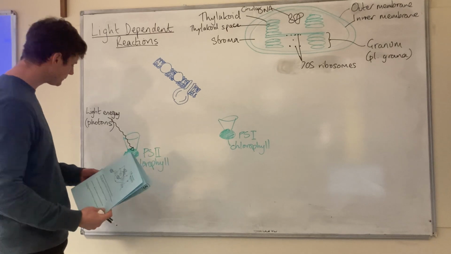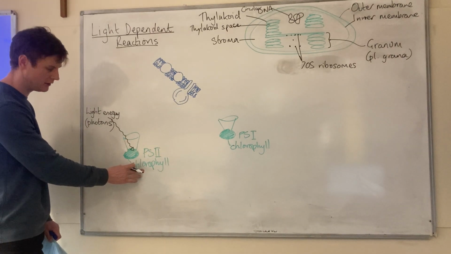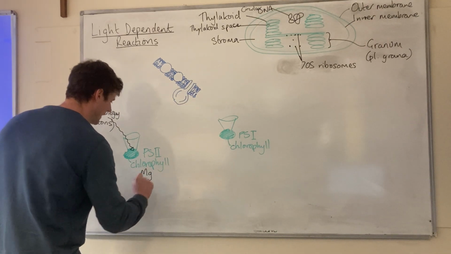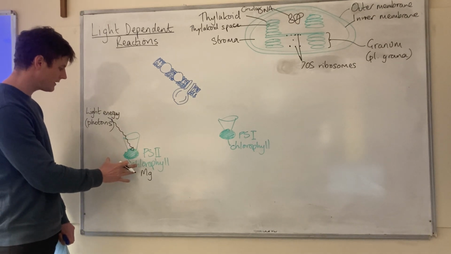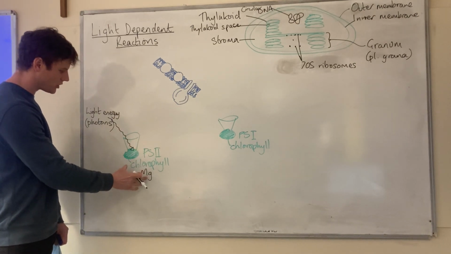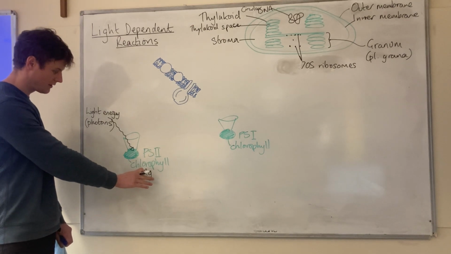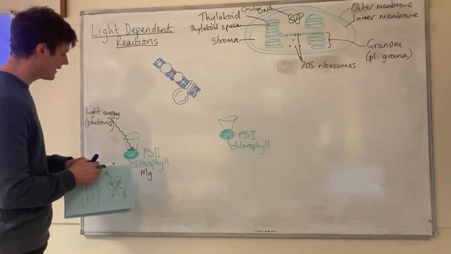Very confusing. Anyway, that light energy is absorbed by chlorophyll. Chlorophyll contains the metal magnesium, and when chlorophyll absorbs that light, the energy is used to excite the electrons in the magnesium.